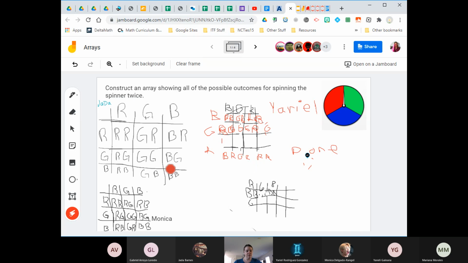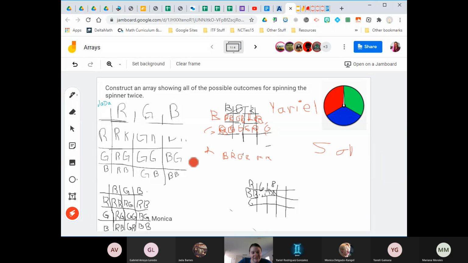All right, so looking at the arrays that we have finished, how many possible outcomes do we have? How many possible outcomes do we have for this event? Ooh, 9. And Yariel did not mean to do that, Jada. He got a little crazy there. Right, there are 9, because if I count the squares inside the array, there are 9 of them.